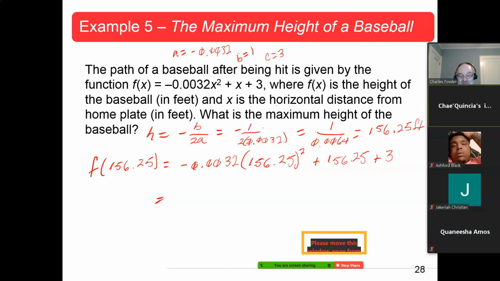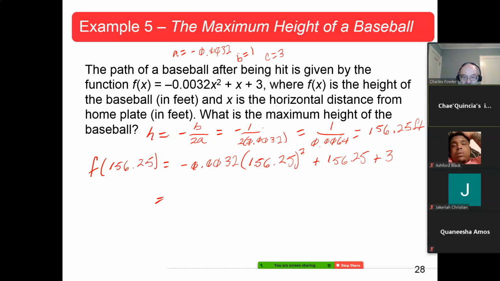Multiply that by 0.0032, but I have to negate that because that's a negative, so I have to do a plus minus key there. Negate that. Plus 156.25, plus 3. I got that the maximum height of that ball was 81.125 feet.